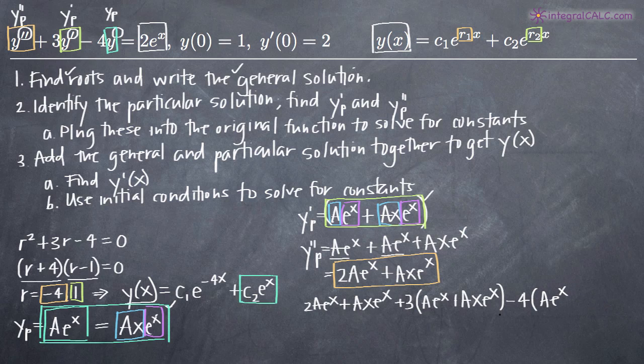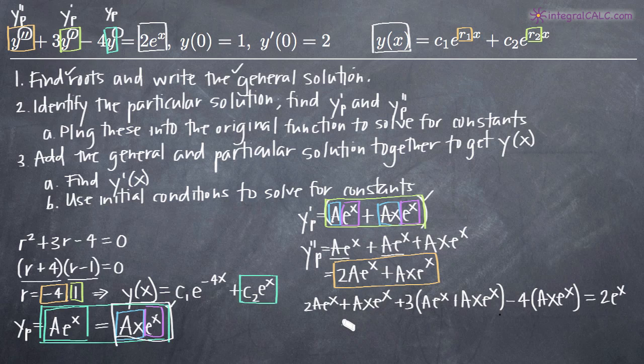Oops, sorry, I boxed too much over there. What we should be looking at is just this part here, ax e to the x, because we changed that. And when we plug those three things in, we're going to set that equal to the right-hand side, 2e to the x.